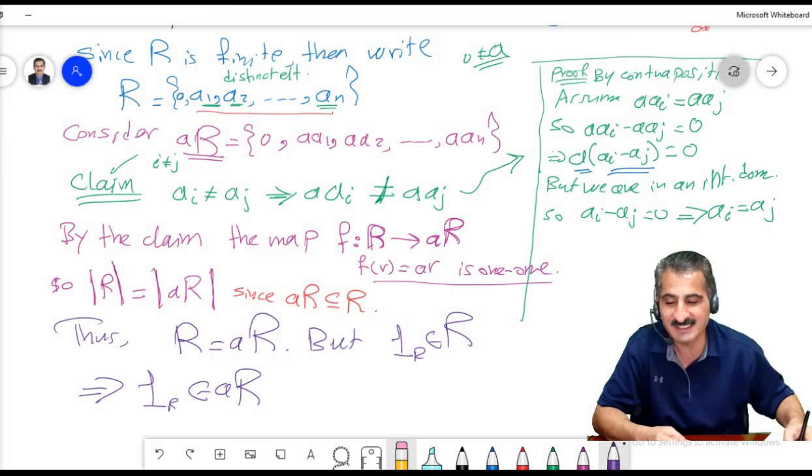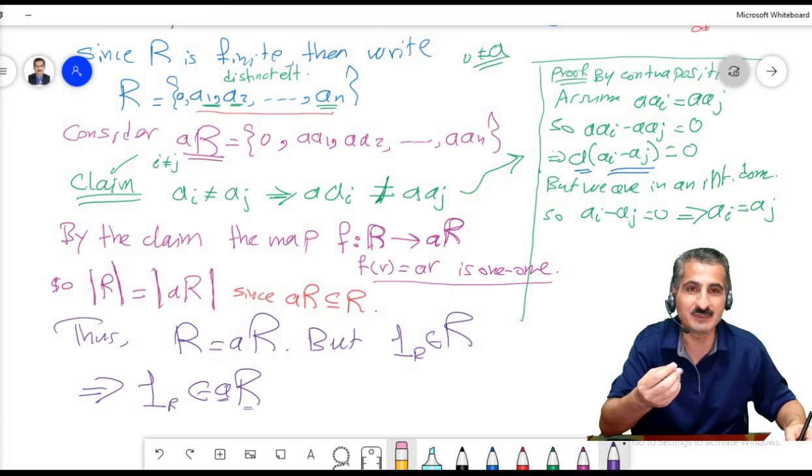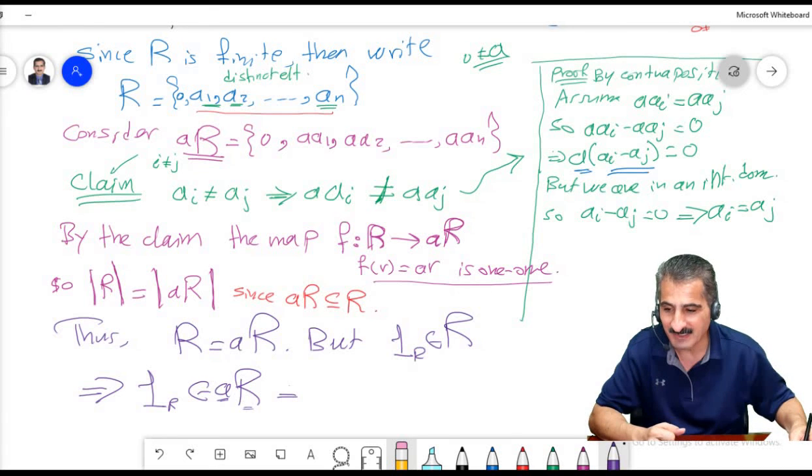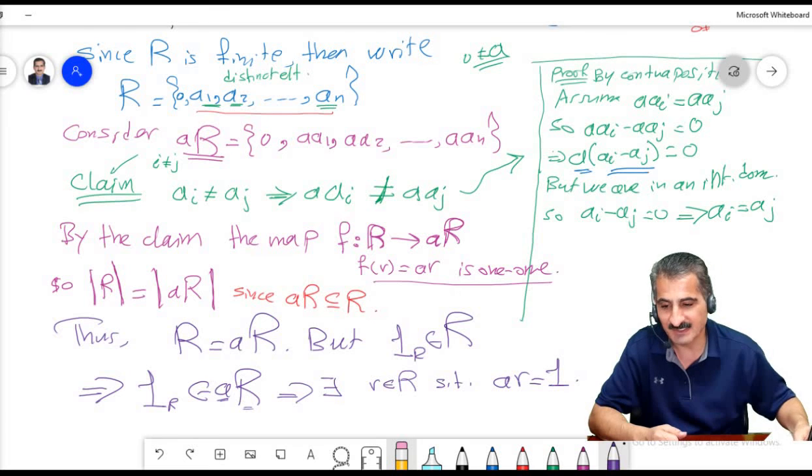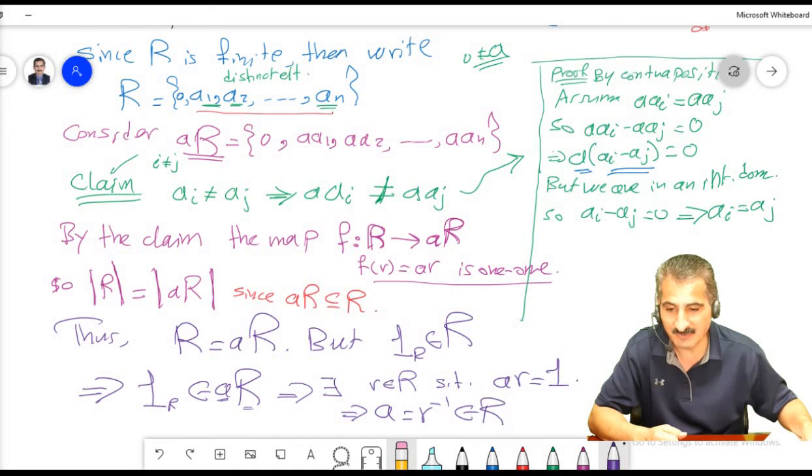And what does that mean? AR is the multiplication of the small a with all elements of the capital R. And that means there must be some element, small r, in the ring R such that A times r equals the identity. And so r is the inverse of A, and it belongs to the ring.